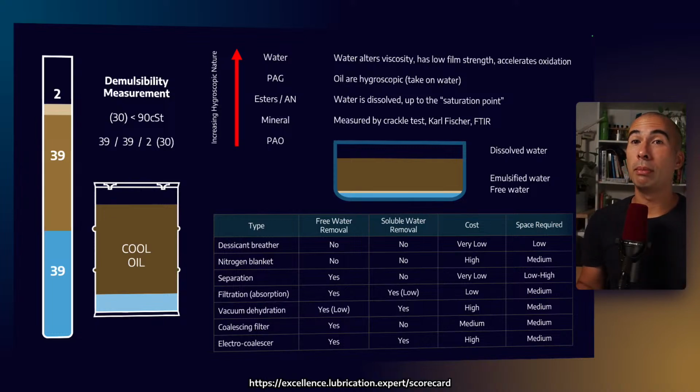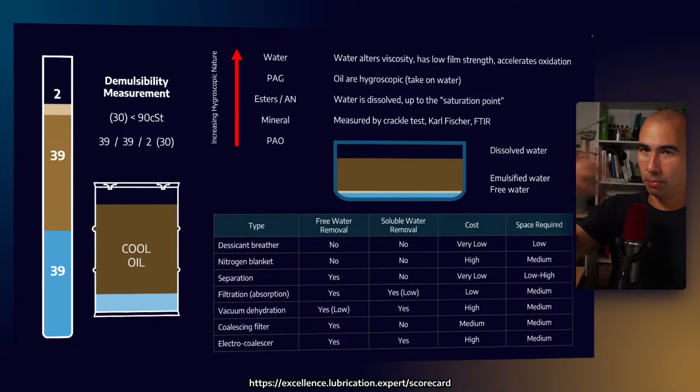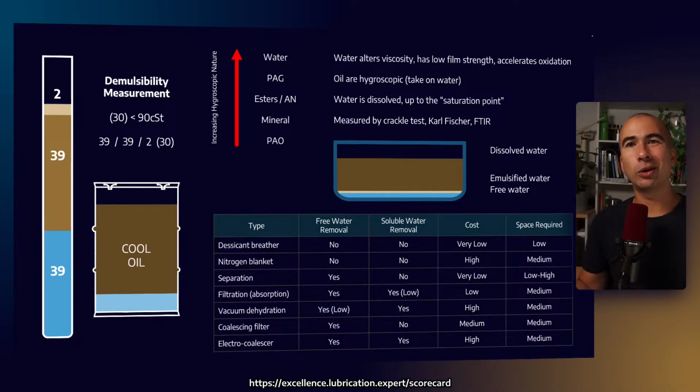And the most reliable way of removing water is vacuum dehydration. So effectively what you are doing is you are lowering the pressure inside a vessel. So you're lowering the boiling point of water, and then you are able to boil that water off. That's the most reliable method. Unfortunately, it's also the most energy intensive and therefore probably the most expensive, right? But we can remove water.